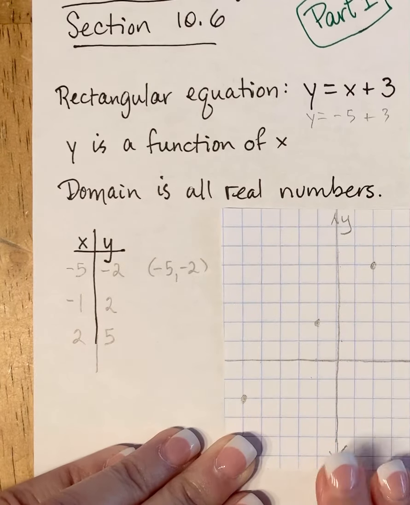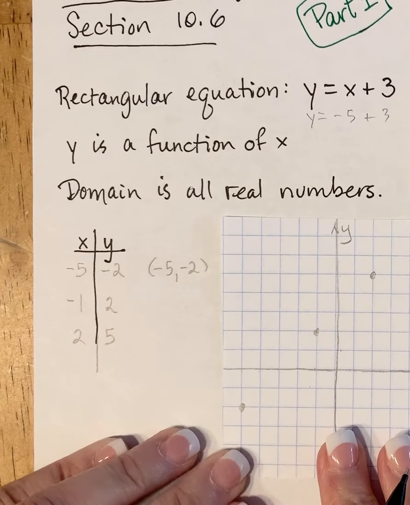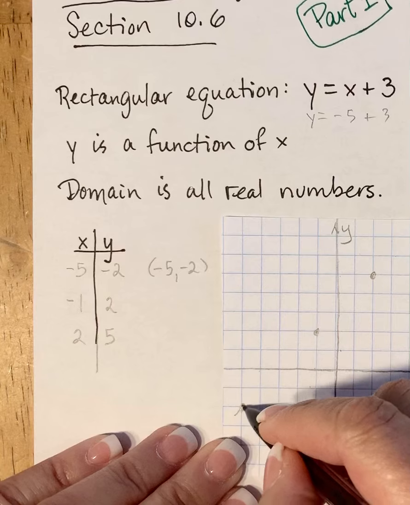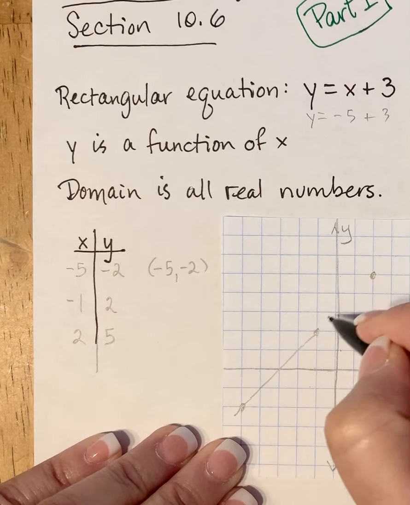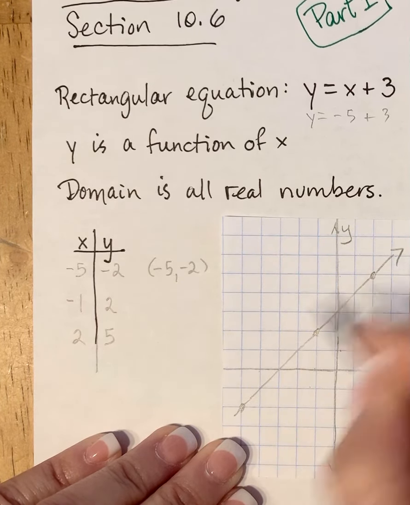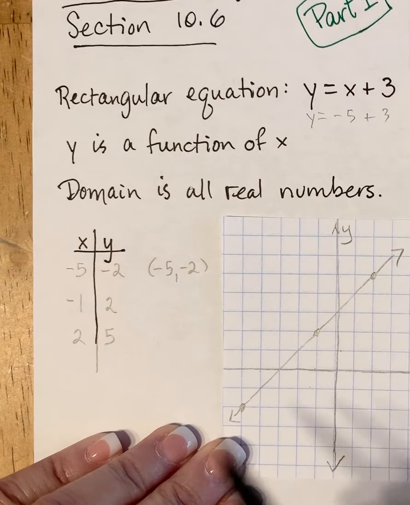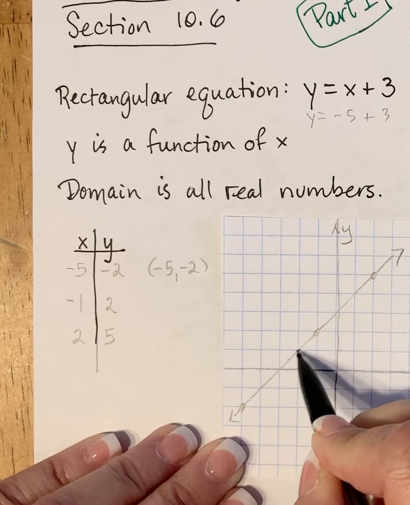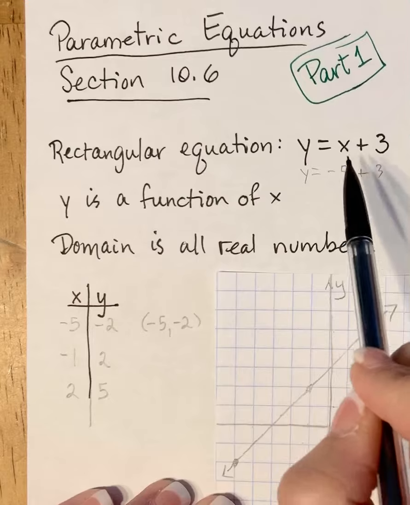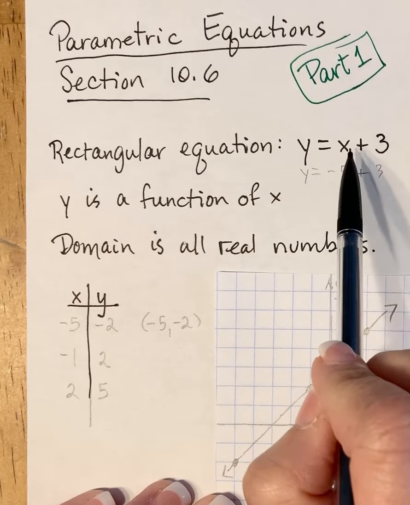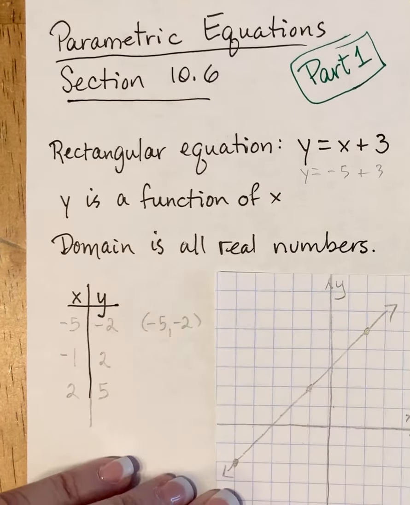And in this case, we know this one is going to give us a line, since our equation is a linear equation, and then we can connect all the points. So every single point on here would represent an ordered pair solution of the equation. So like I said, this is a rectangular equation.